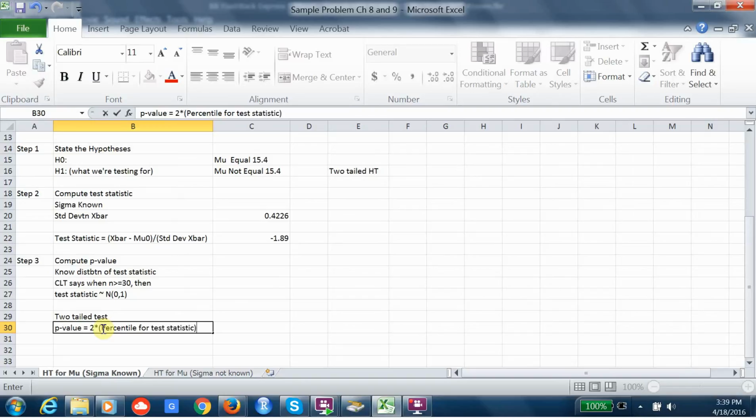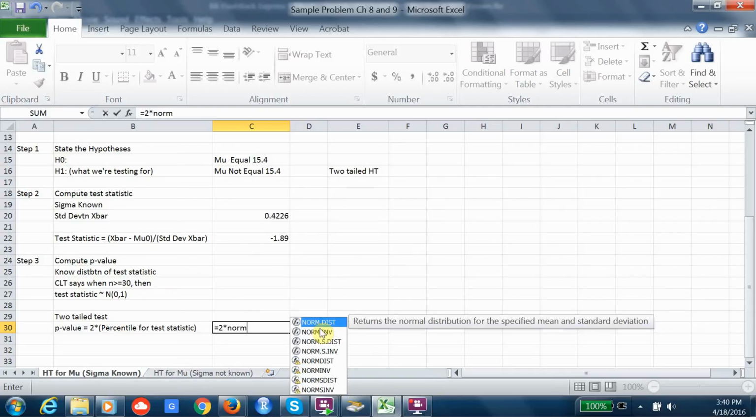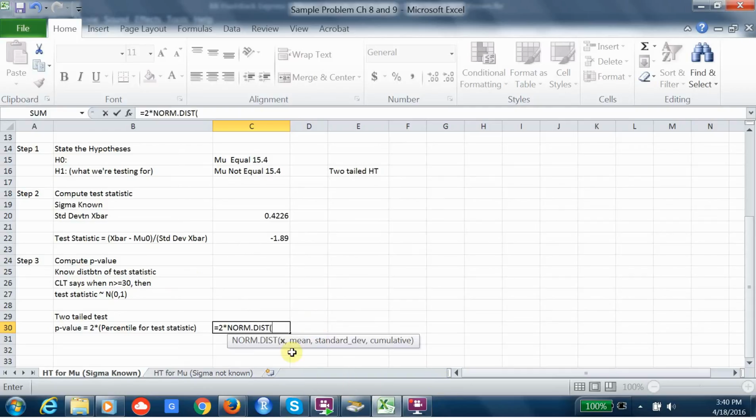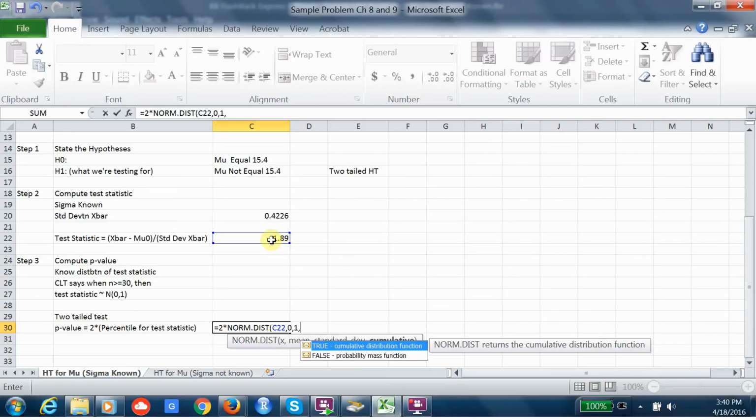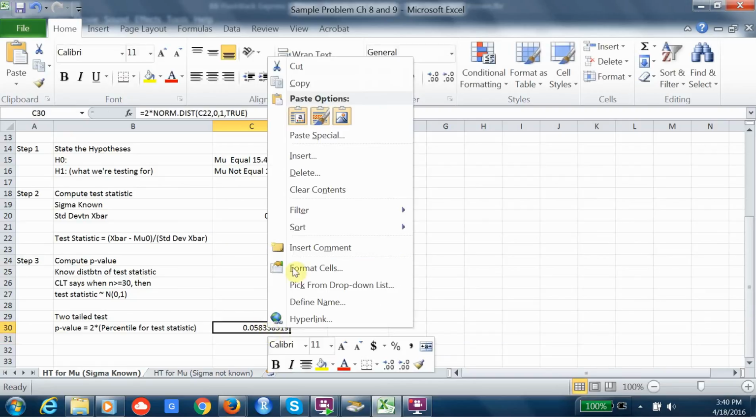Okay. And so we know this is going to be a standard normal, so I'm going to say that the p-value is equal to 2 times, and basically I'm just going to find the percentile for this, assuming that it's from a standard normal. So here I'm just going to use norm.dist. Okay, this is my test statistic. I'm claiming that it comes from a standard normal, so the mean is 0, standard deviation is 1, and we want the cumulative. And so that's my p-value, and usually we want to round this off.